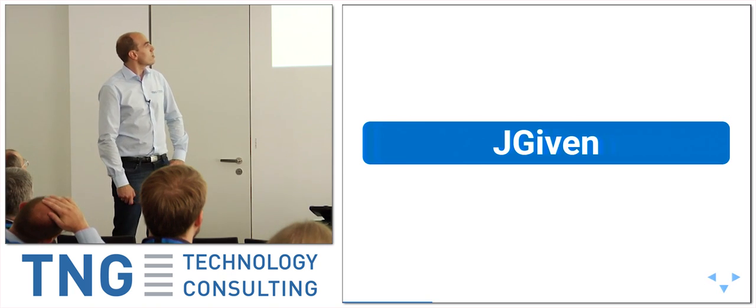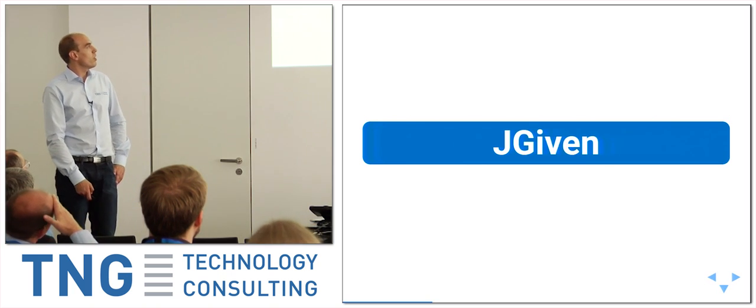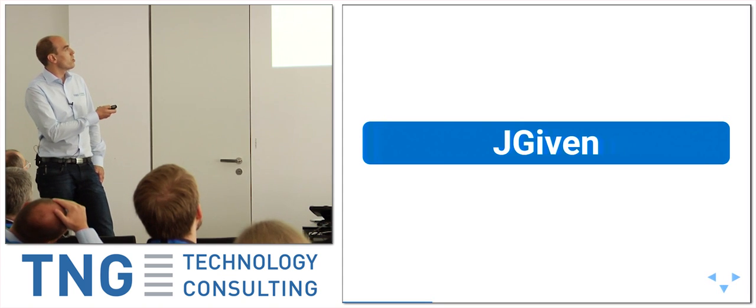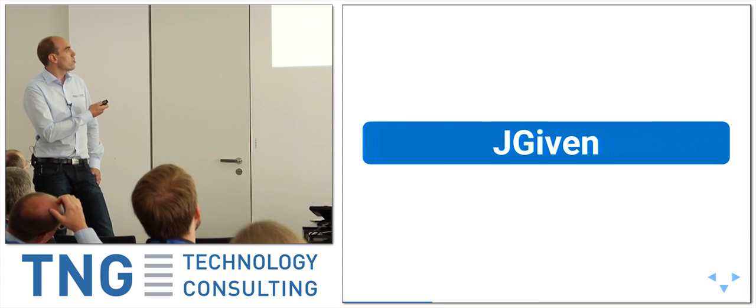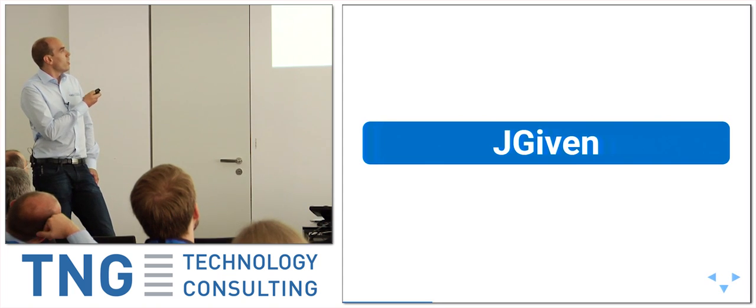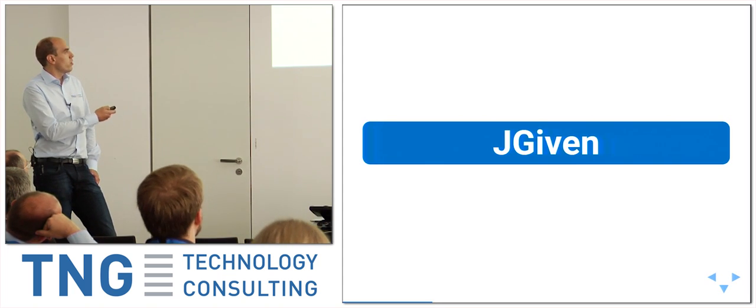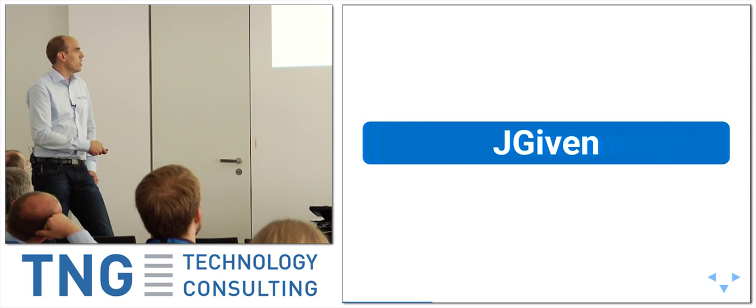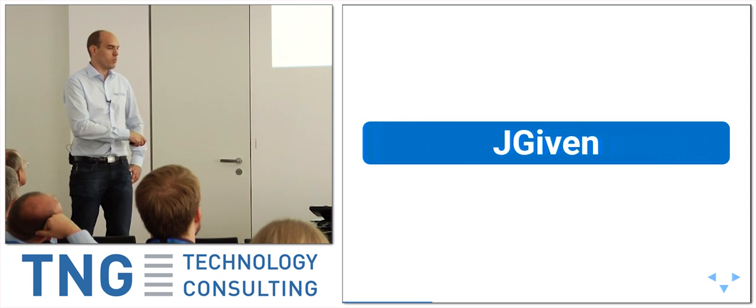So that's JGiven. So that's the scenario written in JGiven. And what you see here is a standard JUnit test, actually. So that's the JUnit annotation. You can use it also with TestNG. It's also possible. And then you see here the scenario. And it's completely written as the scenario you have seen before.